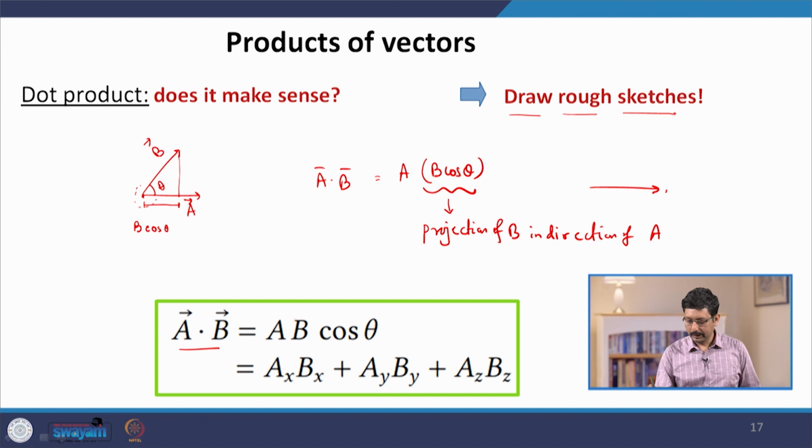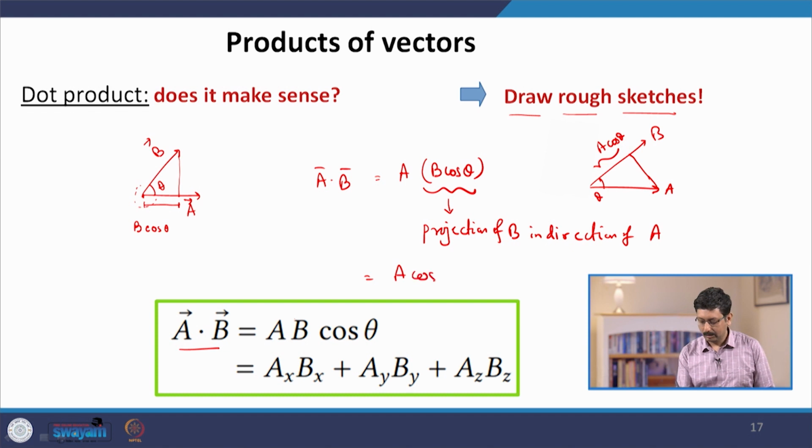Again the same picture: this is our B, this is the same angle theta. Now, you drop a perpendicular from A to B, and then you can see that this represents A cos theta. Then the same thing you can write as A cos theta times B, the same dot product. So, it represents the projection of A along B times B. This is the pictorial meaning of the dot product.